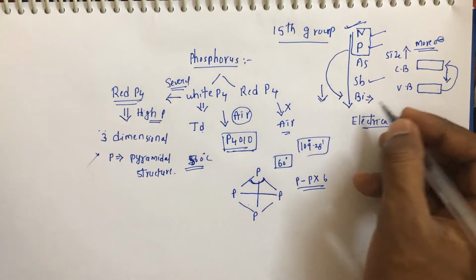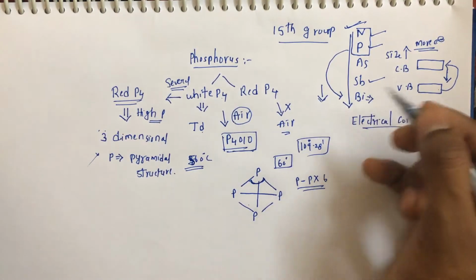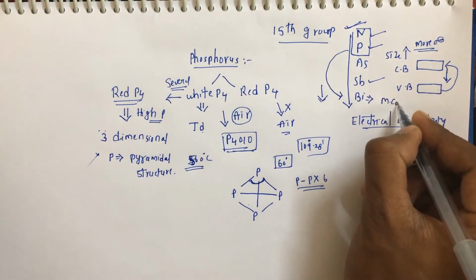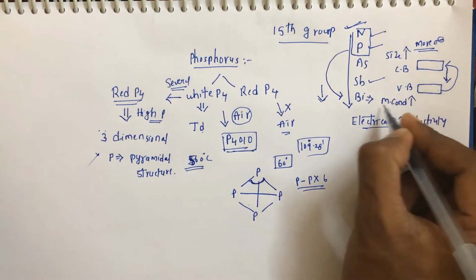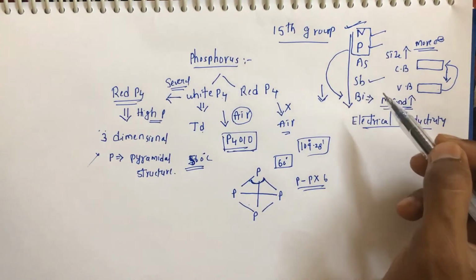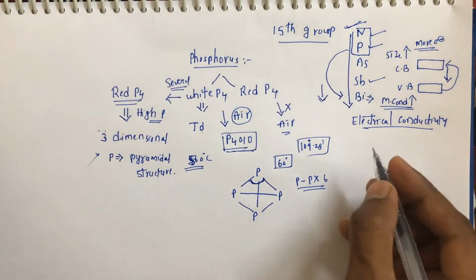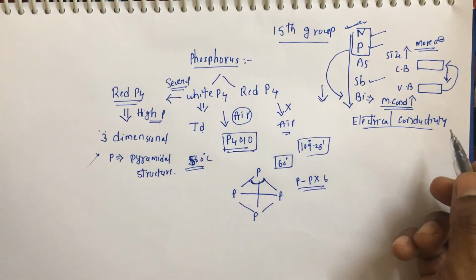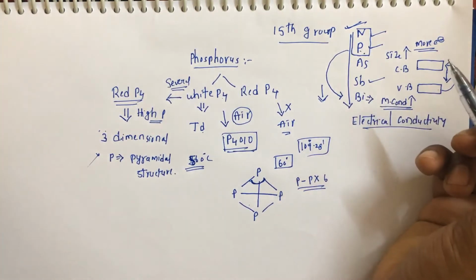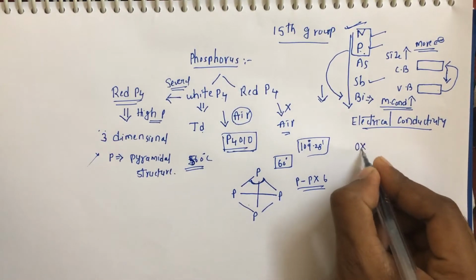The explanation is not clearly known, but what I read is that from phosphorus to bismuth the metallic character is increasing, yet the electrical conductivity is decreasing. So just remember: electrical conductivity from nitrogen to phosphorus increases, and from phosphorus to bismuth decreases. Next we'll go for the oxidation states.